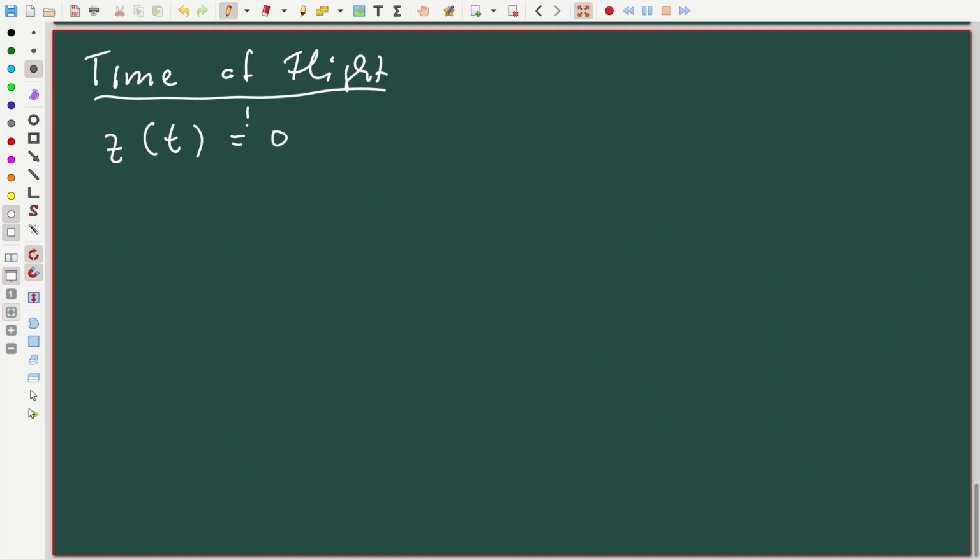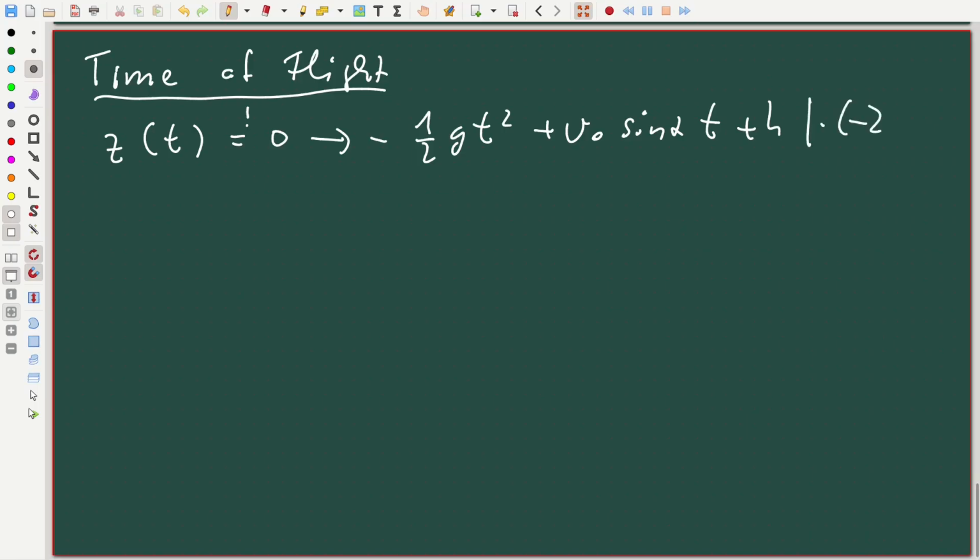Yeah, when z of t is equal to 0, it means ground level is reached. And then in this case, we can insert our z of t. So I will write it down again, minus 1/2 g t squared plus v0 sine alpha times t plus h. And then we can directly multiply it with -2 and also divide it by g. Yeah, so this also has to be equal to 0.